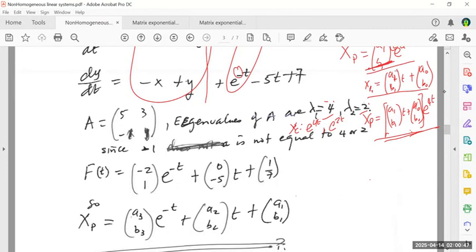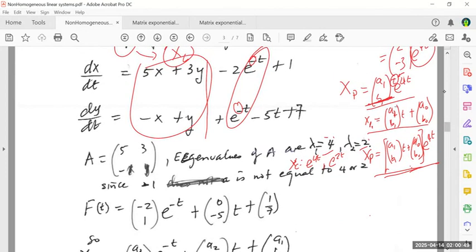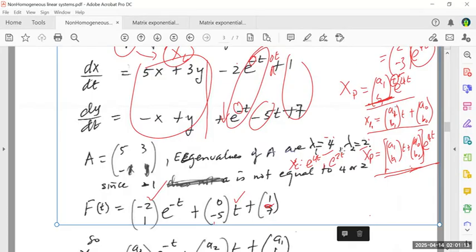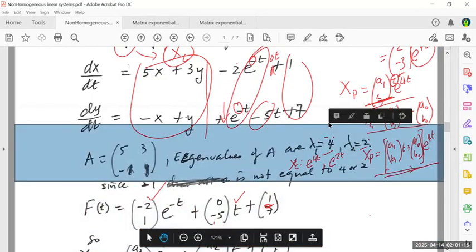If we are to write it nicely, we can expand it to get -2 and 1 here times e to the power minus t, and then here we have 0, 0t, so it's 0 minus 5, and get multiplied by t, and then we have 1 and 7. So this is not division, by the way, it's just 1, 7. So this is the form of f of t.